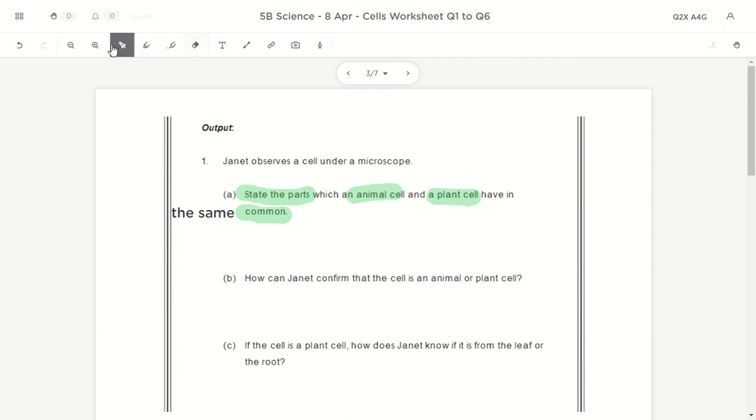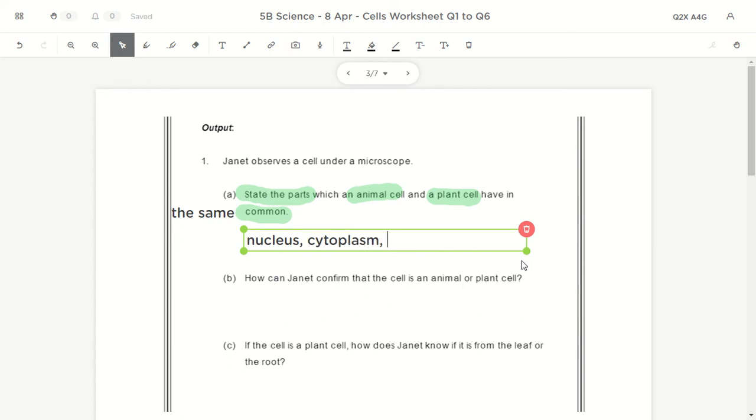Okay, which part of a cell do animal cell and plant cell have in common? We start from the center of the cell. Both cells have a nucleus. Do both cells have cytoplasm? Yes, they have. Let's move out.